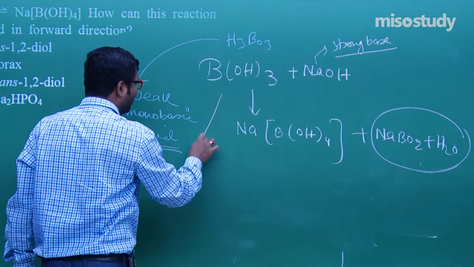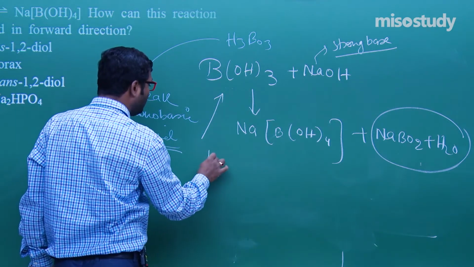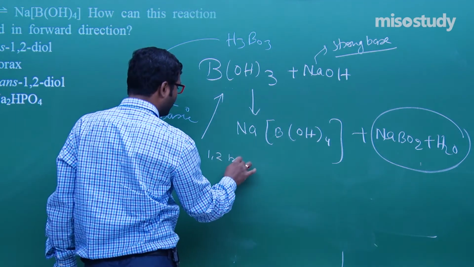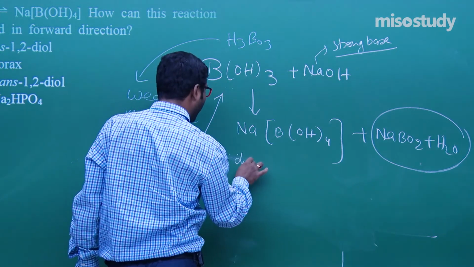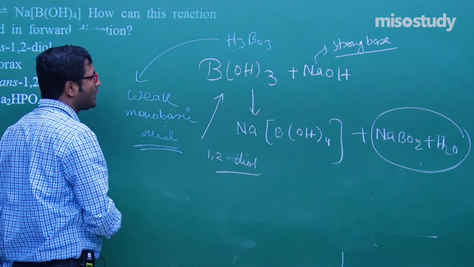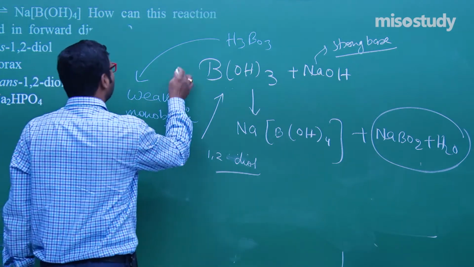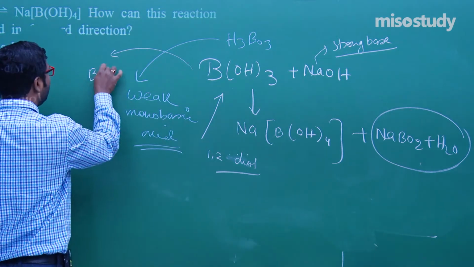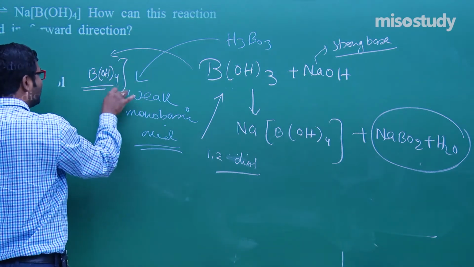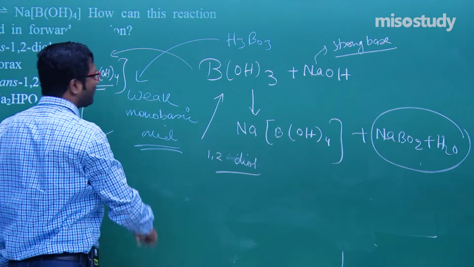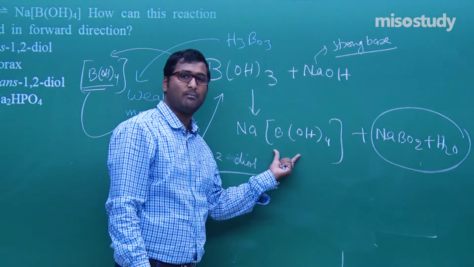If I add the 1,2-diol, then what will happen? Look, there is a formation of a complex, that is, it converts into B(OH)4, and in this case the reaction will proceed and we will get the product.